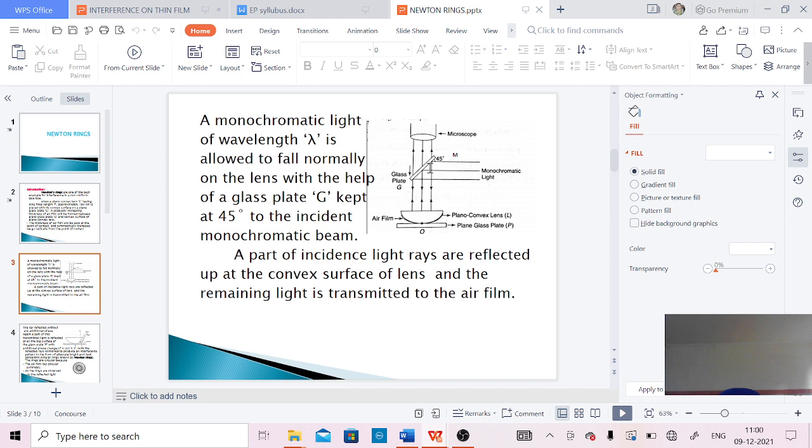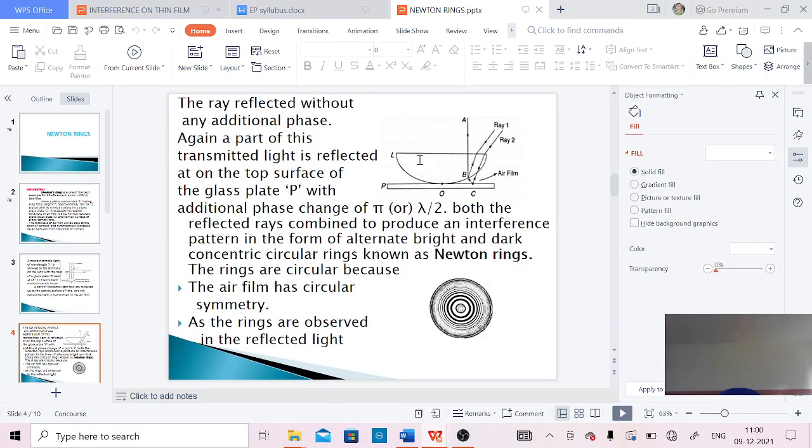Some portion gets reflected and some portion is transmitted to the air film. See the actual phenomena and how it occurs. The first ray is reflected without any additional phase. A part of the transmitted light is reflected at the top surface of the glass plate P with an additional phase change of pi, or a path difference of lambda by 2. We already know that whenever reflection occurs from a denser medium, there is an additional phase change of pi, or a path difference of lambda by 2.